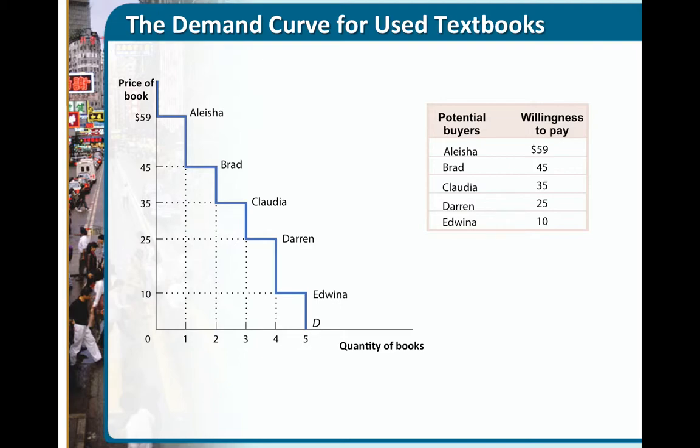So we'll see here the book example of the demand curve for used textbooks. We have a few students here: Alicia, Brad, Claudia, Darren, Edwina. I'm not sure where this book gets all these names, but that's all right.